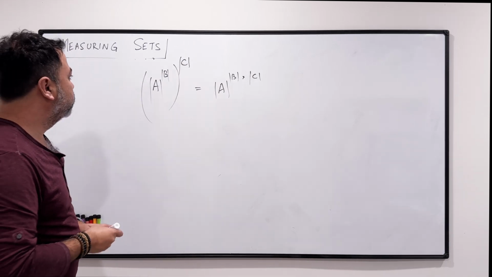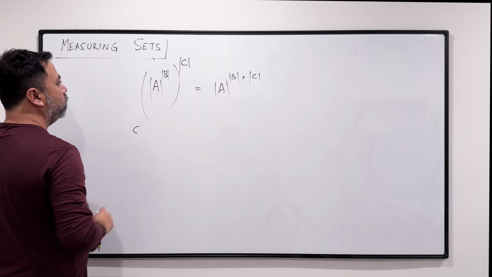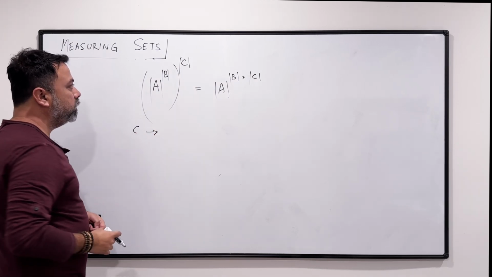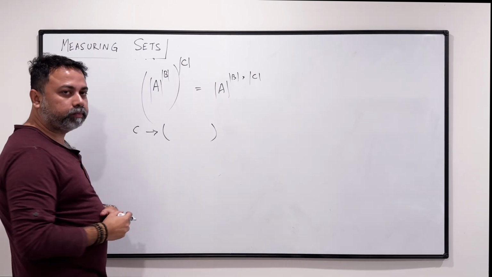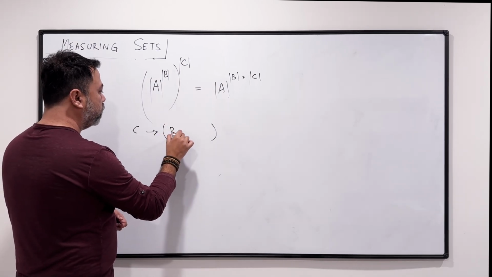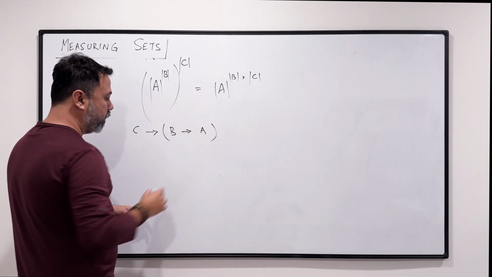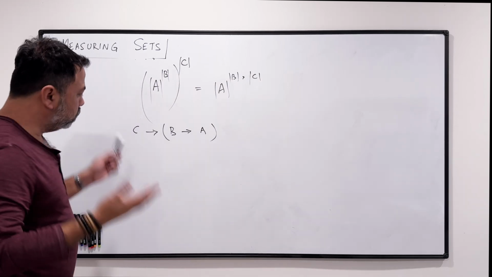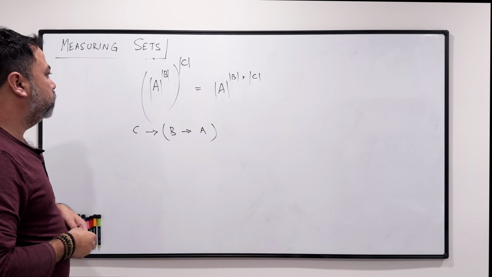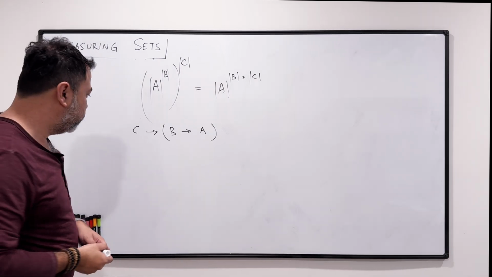What is this? Well, this is a so-called curried function. You give it a c, and out pops another function, which when given a b will give you an a, right? So think of this like a real life example of this, right?